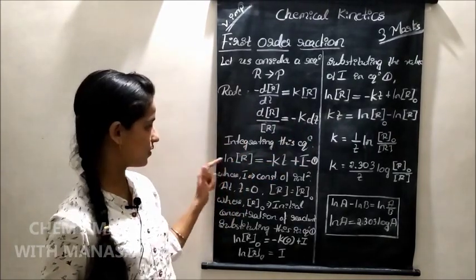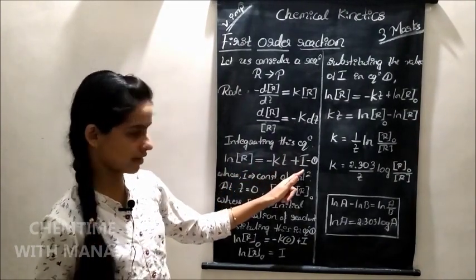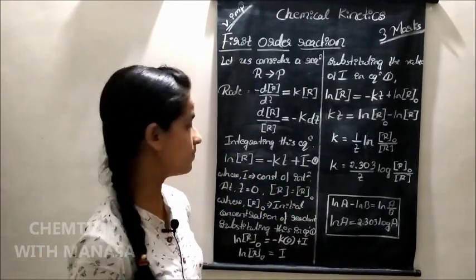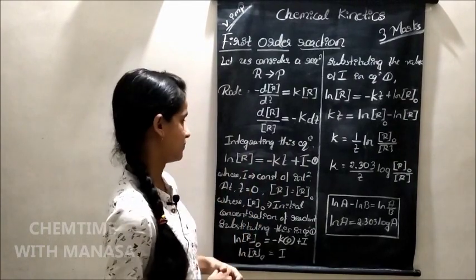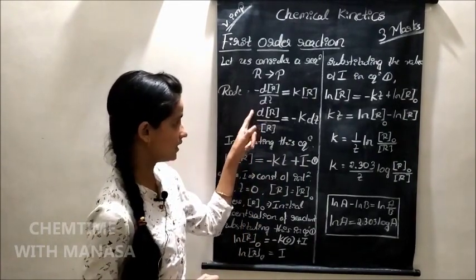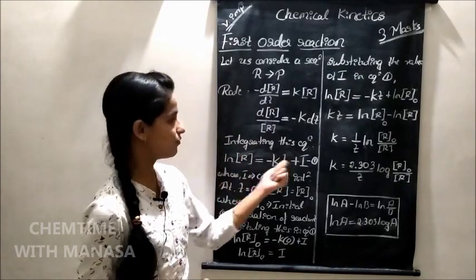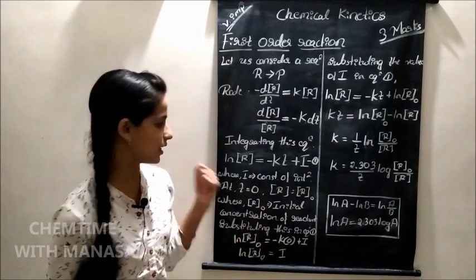Integrating this equation, we get ln R is equal to minus kt plus I, where I is the constant of integration, and let us number this equation as equation number 1. Because integration of dR by R is equal to ln R, we get this equation. Then let us consider the initial condition.